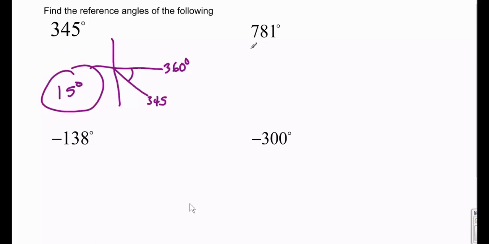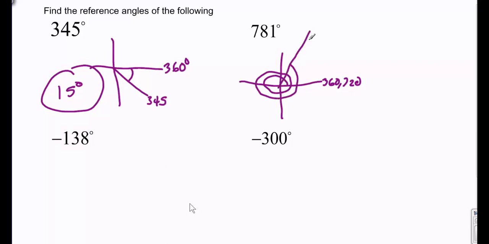These next examples are a little bit different because they're not positive, except for the 781, except 781 is more than one time around. So we need to find out where that is. If you think about it, it is more than 2 times around, because one time around is 360, second time around is 720. 781 is going to end up 1 time, 2 times, and a little bit more.